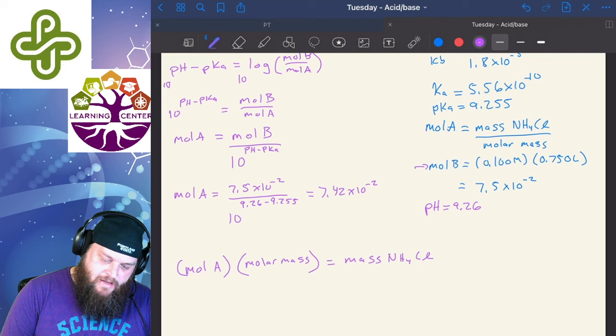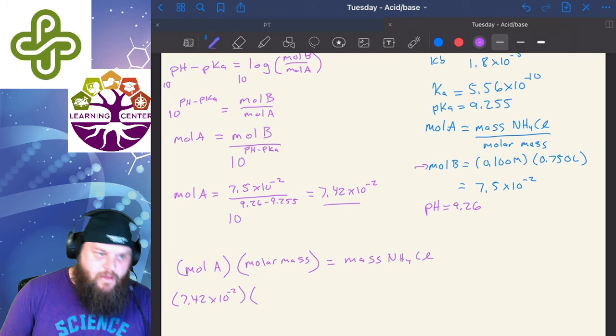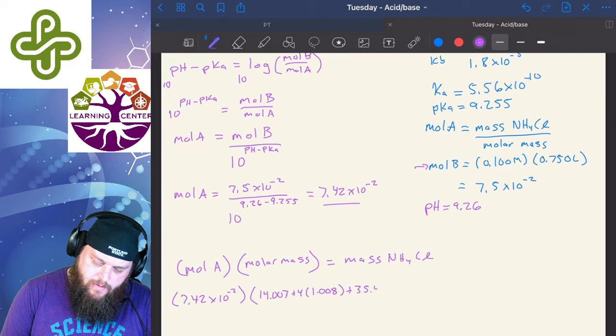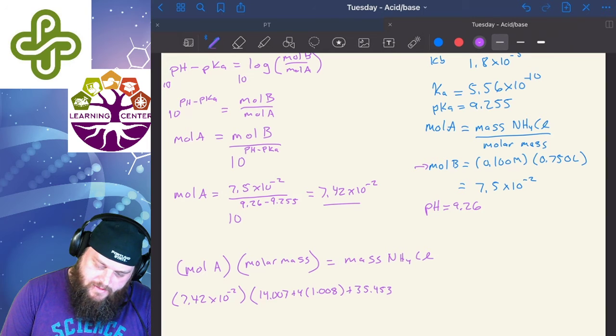I'm going to write those out and plug in my moles while I'm at it: 7.42 times 10 to the negative 2 times the molar mass. Nitrogen is 14.007 grams per mole, plus 4 times hydrogen, which is 1.008, plus chlorine, which is 35.453. Is that right? Yeah. Okay. And that's all going to be in grams per mole.